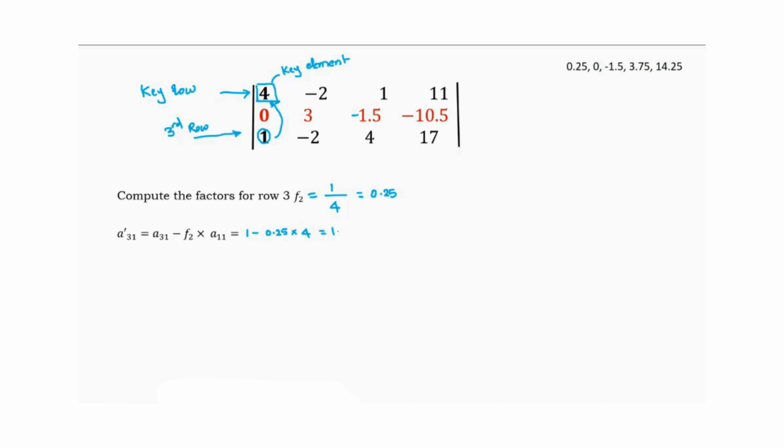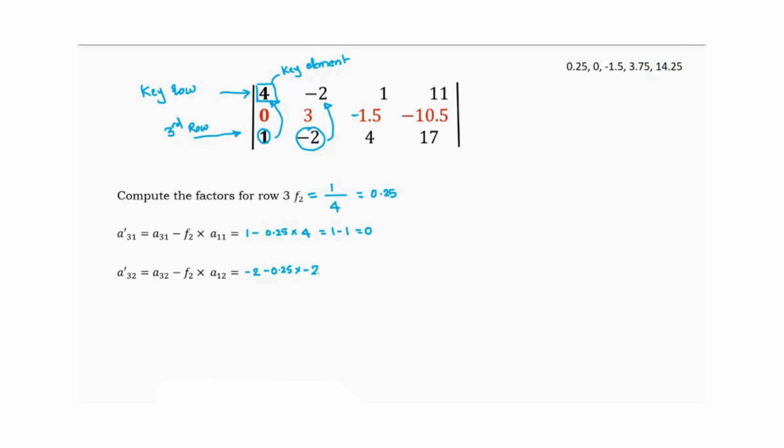So this is equal to 1 minus 1, which is 0. Similarly, compute the second. The new value is equal to the old value, that is A32, which is -2, minus factor 0.25 into the corresponding element from the key row, which is -2.